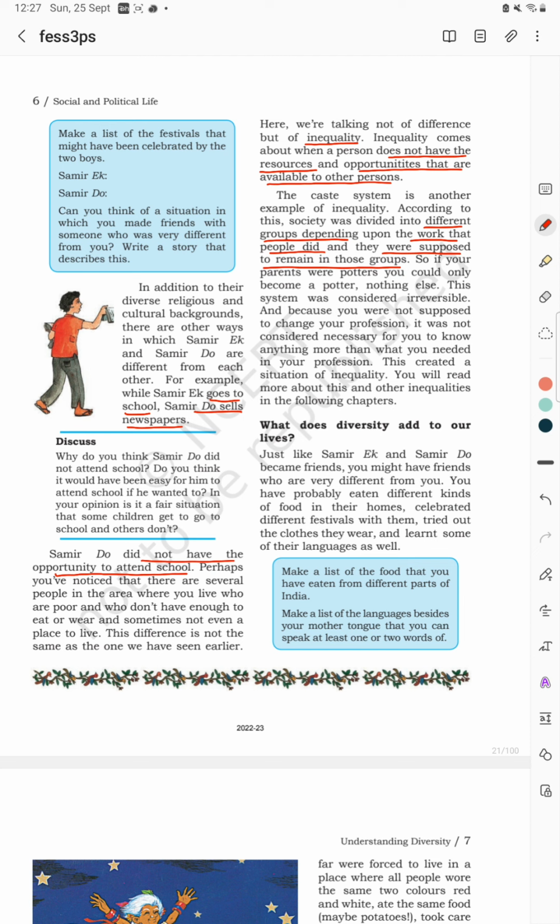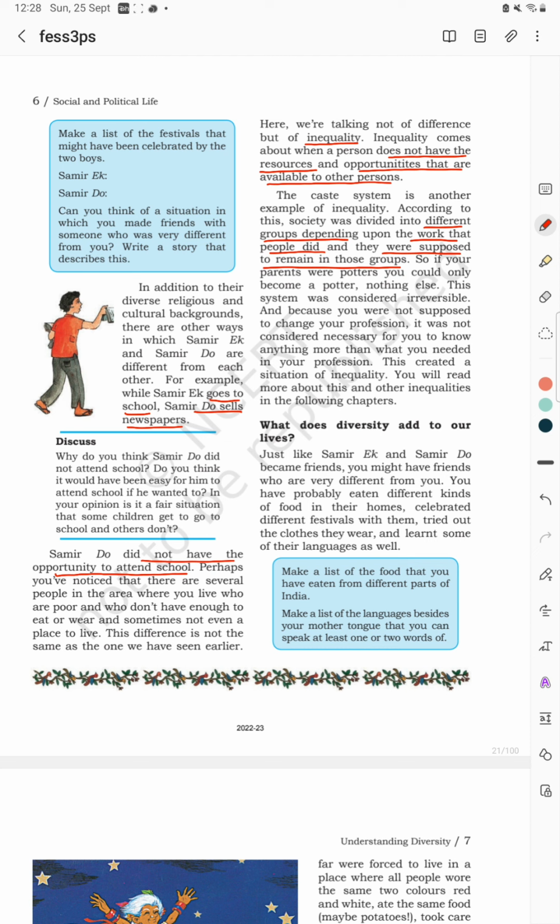You have probably eaten different kinds of food in their homes, celebrated different festivals with them, tried out the clothes they wear, and learned some of their languages as well. So, suppose in a given class, there are children from different religious groups. Some are from a Hindu background, some are Muslim, some are Sikhs, and so on.